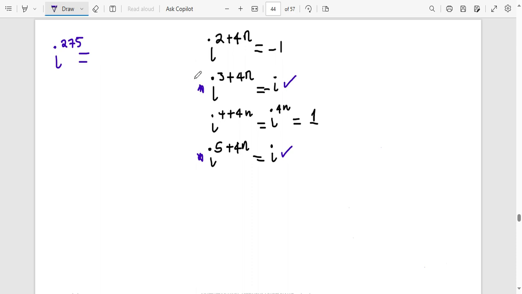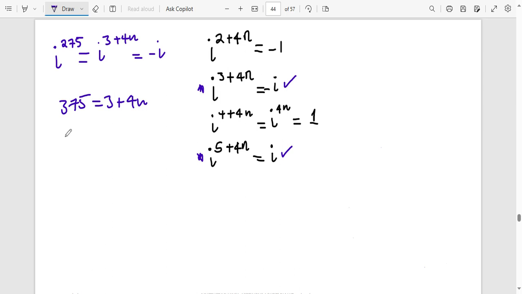So let's try to use the first one. i to the power 275 is equal to i to the power 3 plus 4n. If we find n and it gives us a whole number, then it means that i to the power 275 is going to be equal to -i. Do you get that? Okay, so let's find the value of n. Just equate the powers. 275 is equal to 3 plus 4n.